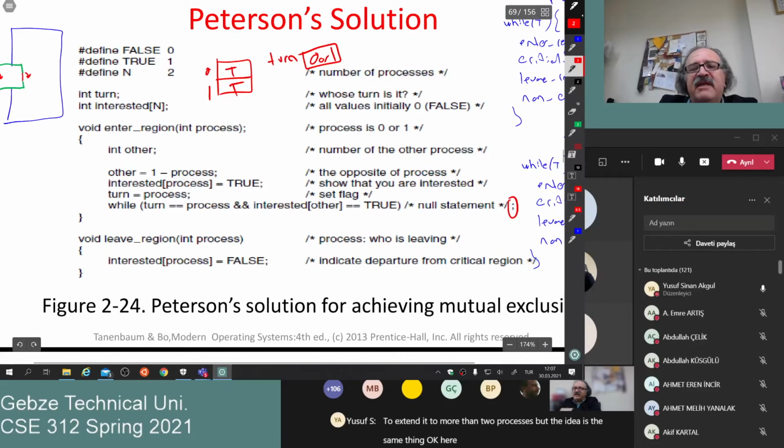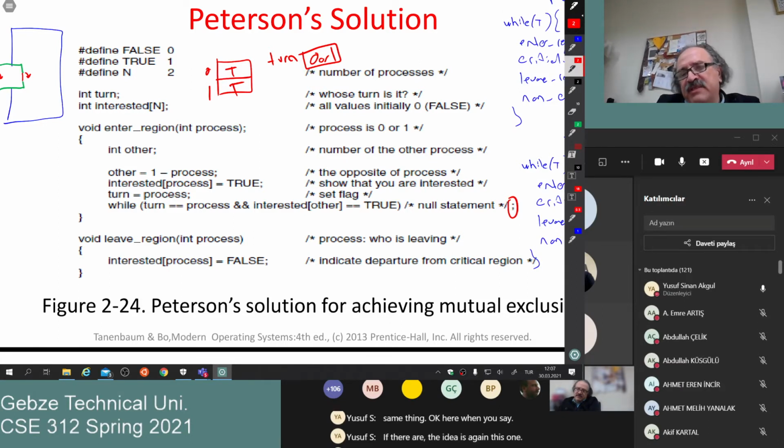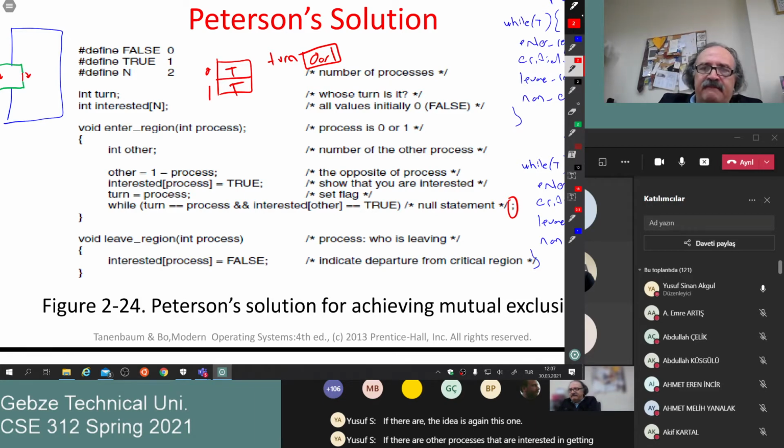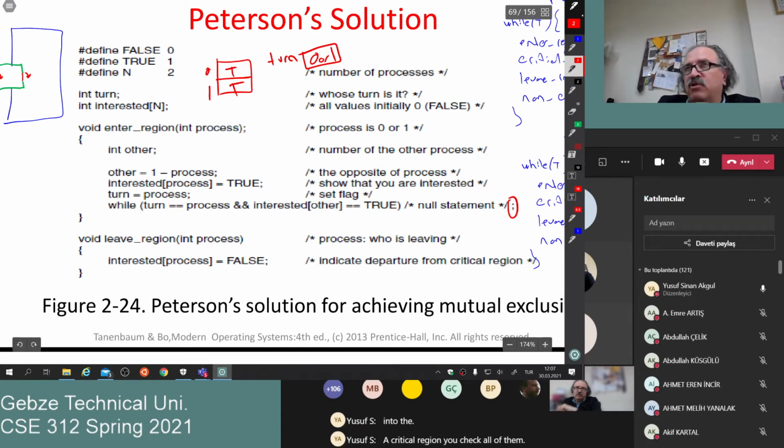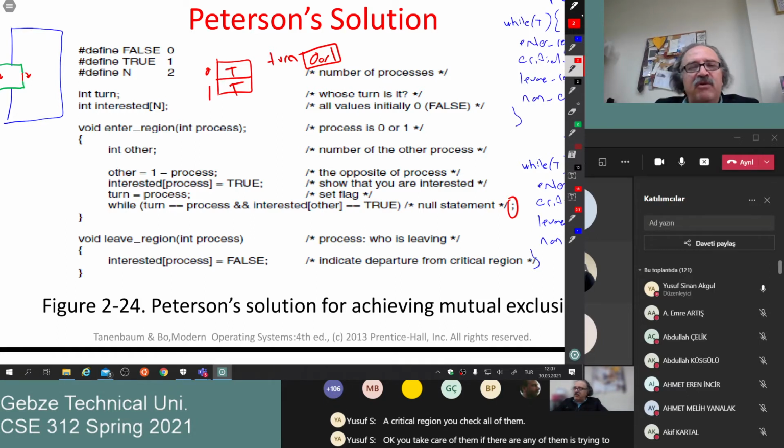If there are other processes that are interested in getting into the critical region, you check all of them. If any of them is trying to enter, then you say, okay, I'm not going to enter.